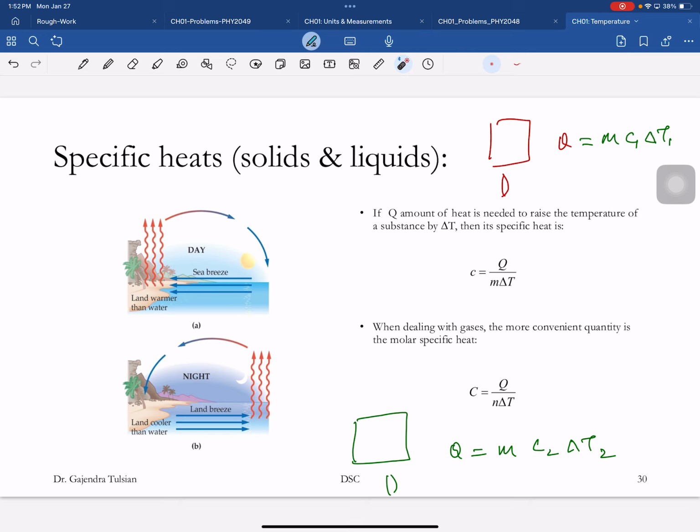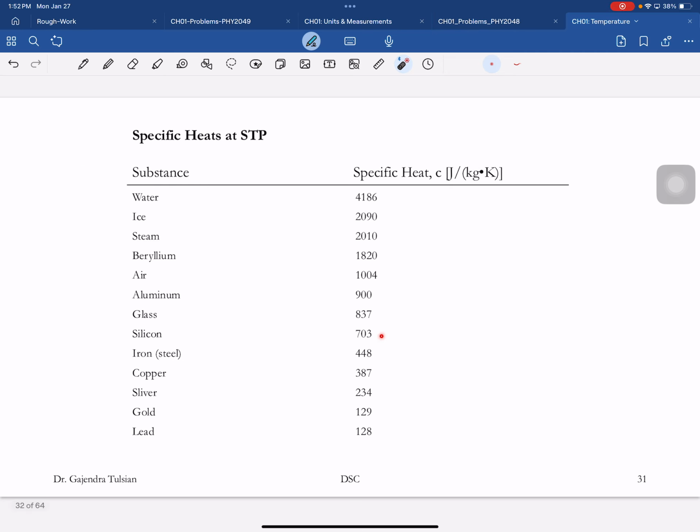This is the property of the material, specific heat, and it's very important. And that's why you have specific heats of all these different substances. Water has a large specific heat. The specific heat of water is 4,186 joules per kg per Kelvin.